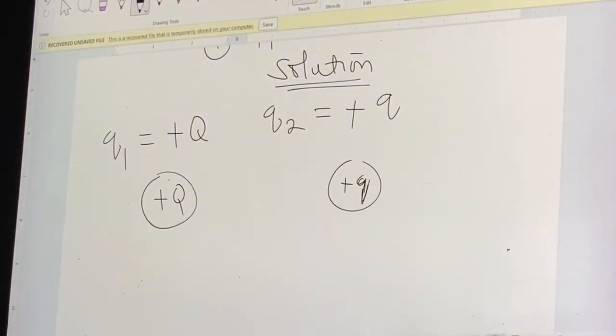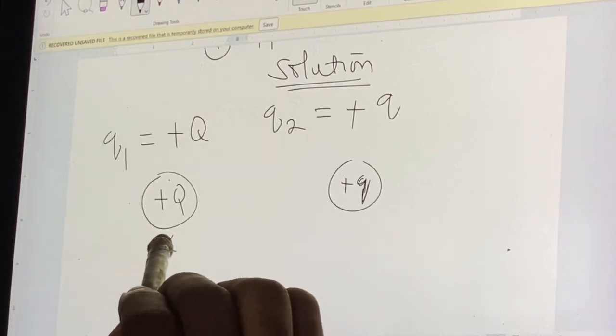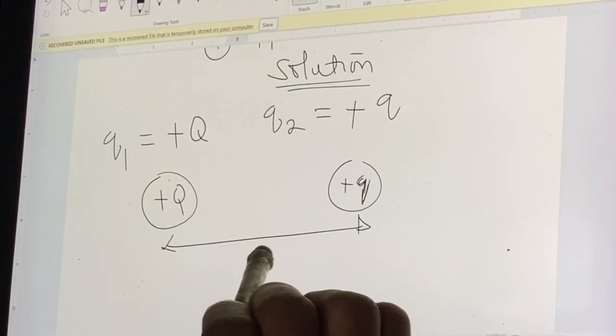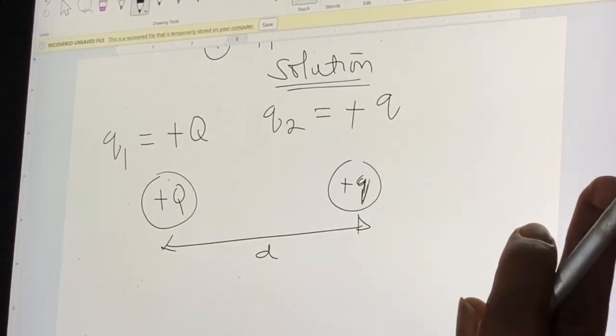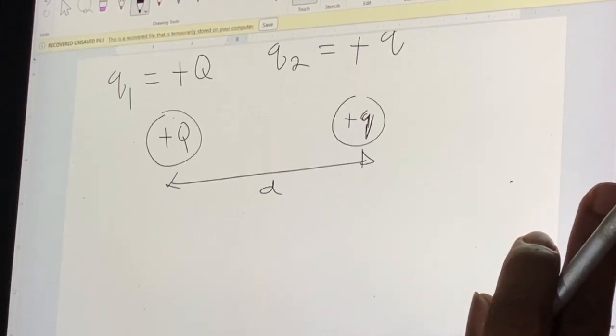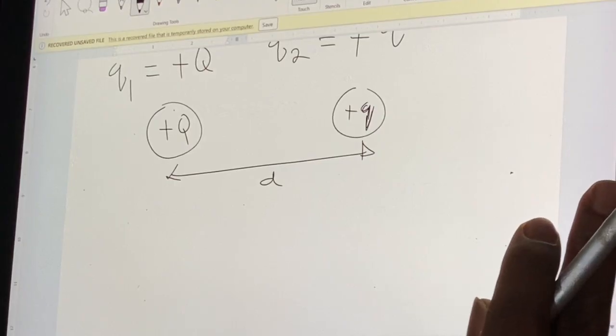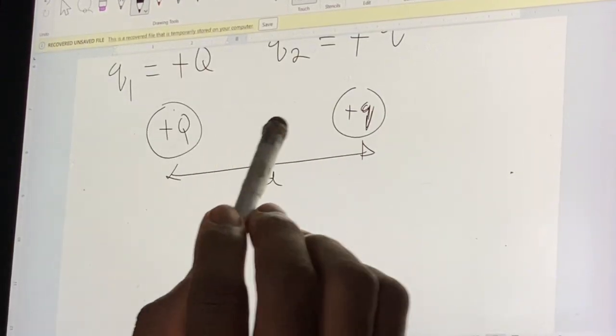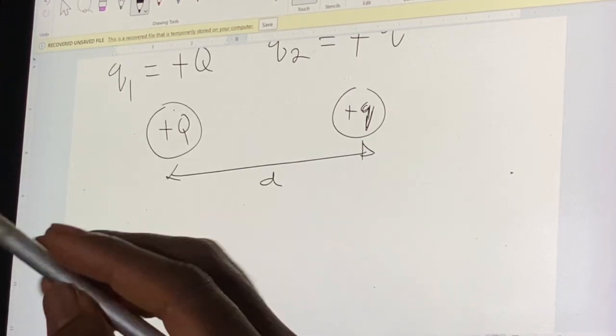They are separated by a distance, and the distance here is d. So to calculate the force between them, whenever you are asked to calculate force between two charges, we apply Coulomb's law.